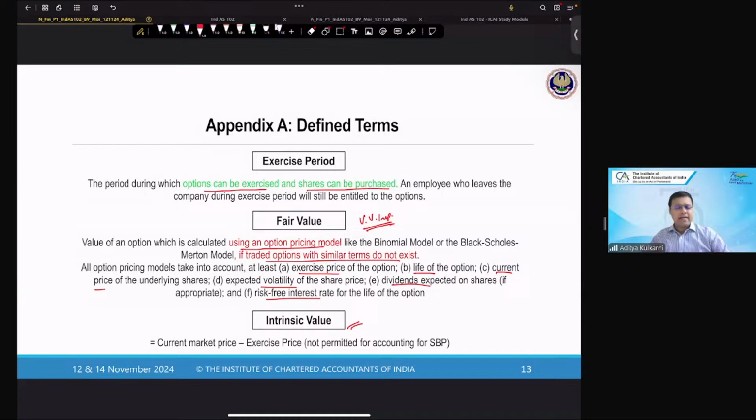This is just for our understanding, but you may be studying option pricing in detail when you study your financial management. I think you have a paper called Advanced Financial Management or Strategic Financial Management, right? In that, you have options, and in options, you have option pricing. So there you will be studying this.